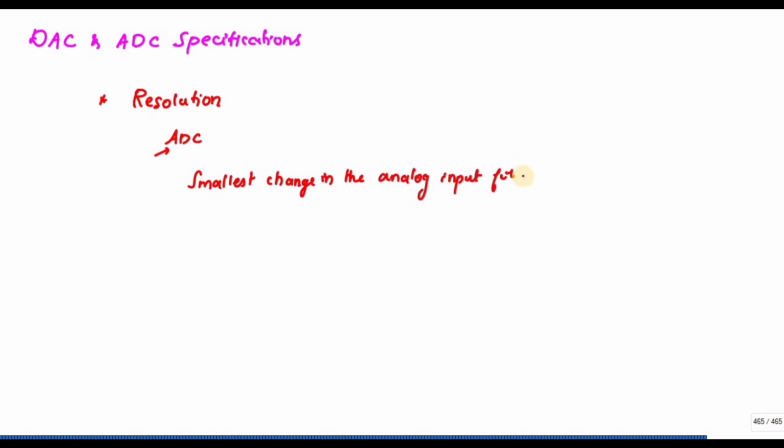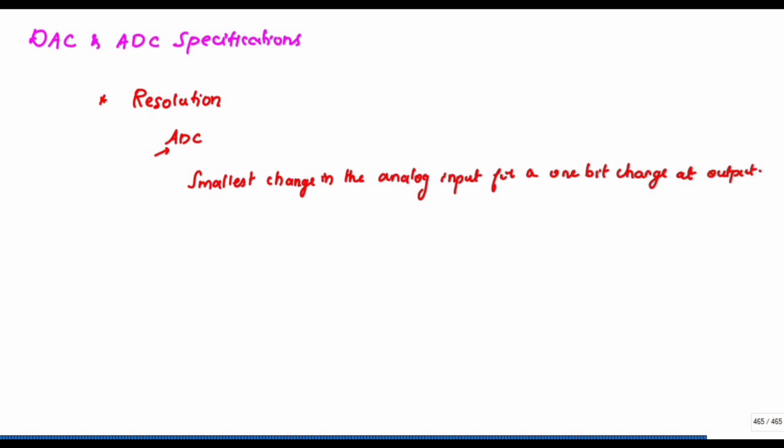So even for one small change in the analog input, there must be a 1 bit change in the digital output, because the output is a digital one.